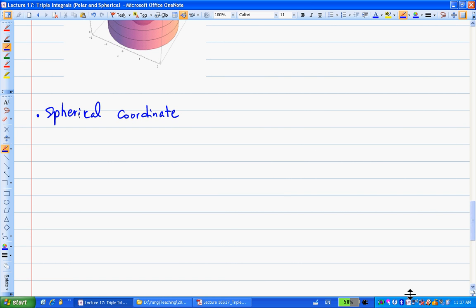You're given a point P in 3D space. We're going to define a set of spherical coordinates: rho, phi, theta. So you use 3 different variables to describe the location of this point P.